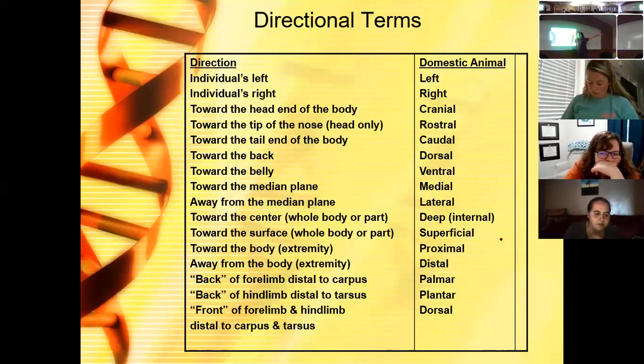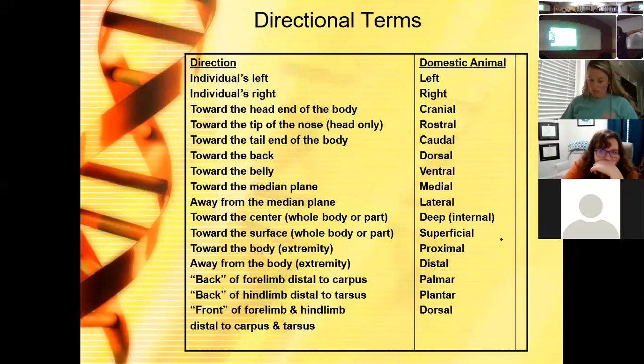So looking at this P and D, my elbow is where in relation to my wrist? So I'm asking, where is my elbow compared to my wrist? Proximal. My elbow is proximal to my wrist. My elbow is distal to my shoulder.